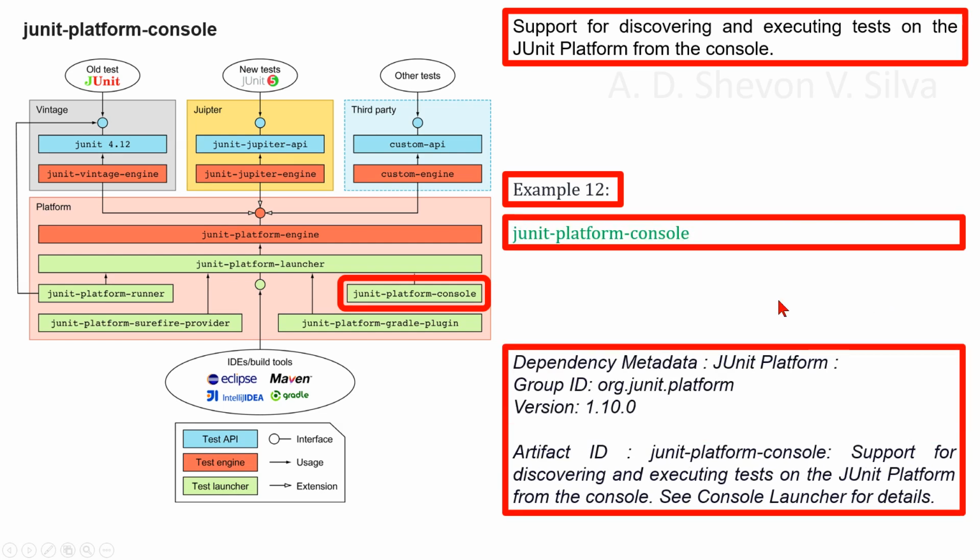Now we are considering the JUnit Platform dependency metadata: the artifact ID junit-platform-console in group ID org.junit.platform, which supports discovering and executing tests on the JUnit Platform from the console.